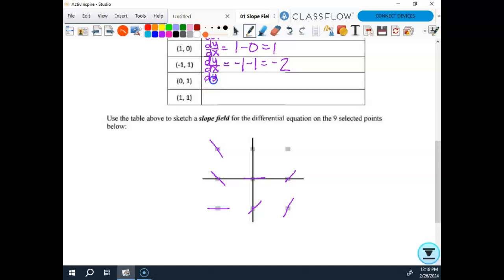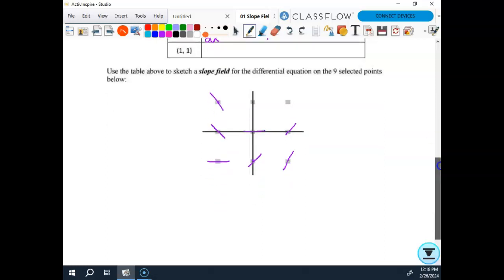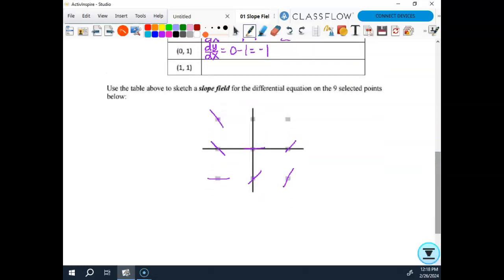Then here, dy/dx is 0 minus 1, which is -1. So at (0, 1), I'm at -1. And then dy/dx is 1 minus 1, which is 0.